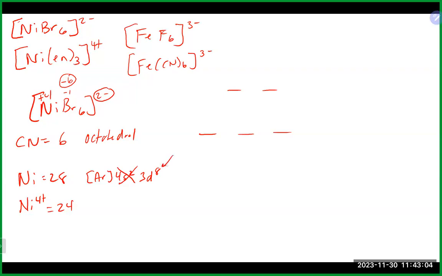We also then need to delve into our d to collect the other 2. So that's going to leave us with argon 3d6. So it is these 6 electrons for nickel that we're going to populate into those orbitals being split based on the ligands that are attached. Any questions on that so far?